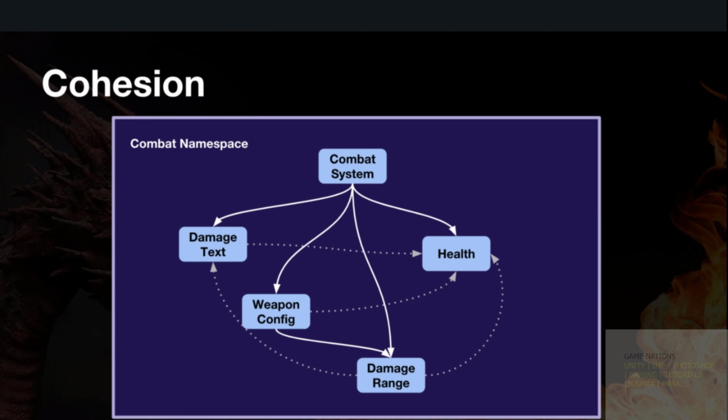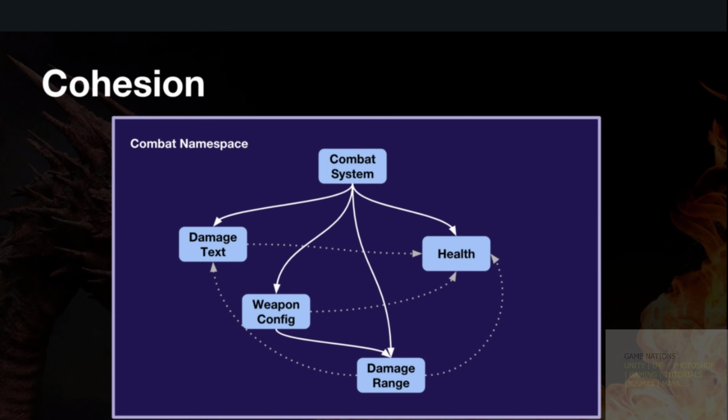We don't necessarily want to go for maximum cohesion within a namespace, because all these dependencies do add complexity, and it means that if I change the health system, I could change any of these other systems or C# scripts in here. So you still want to minimize dependencies, but you want to make sure that within a namespace, you've only got things that are really related to one another.